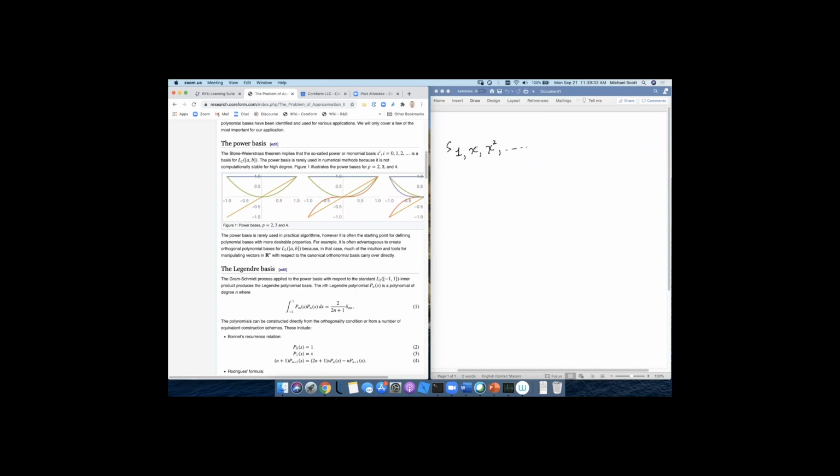This is a basis for the space of polynomials. Let's say we go up to x^p, so it's a basis for the polynomial space of degree p. Maybe we use degree 2 of these.